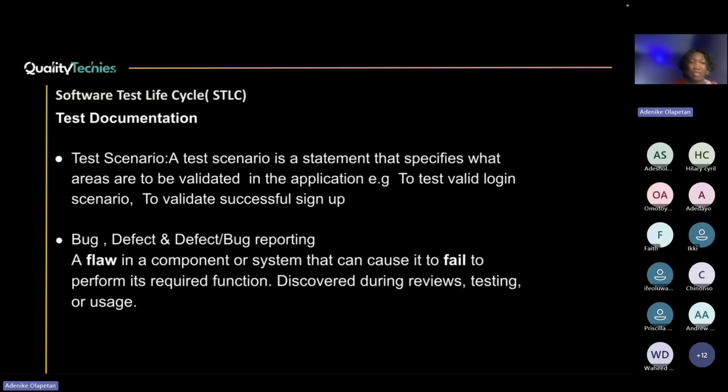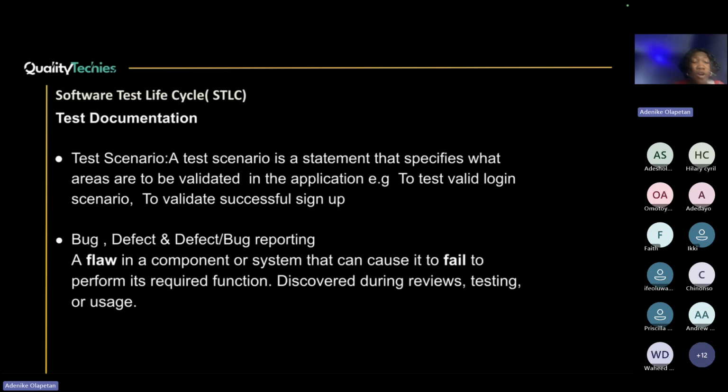Then the last item I have here is bug, defect, and defect reporting. So bug or defect is a flaw in the component or a system that causes the application not to perform the expected function. So like I said, when actual results and expected results do not match, that gives rise to a defect.